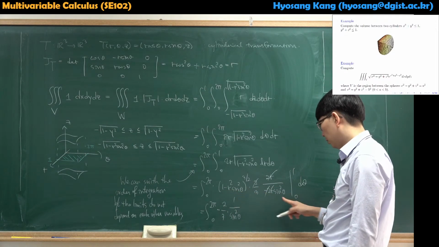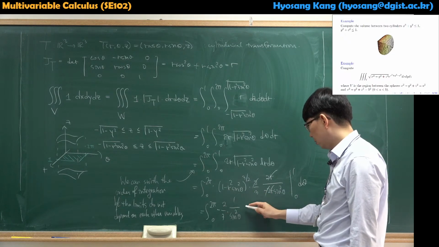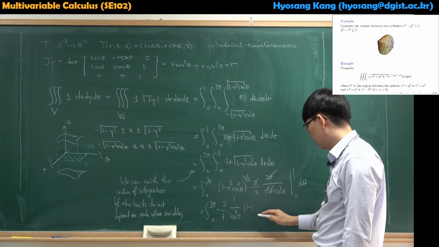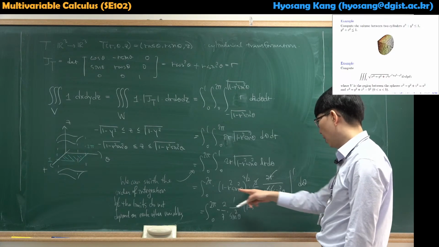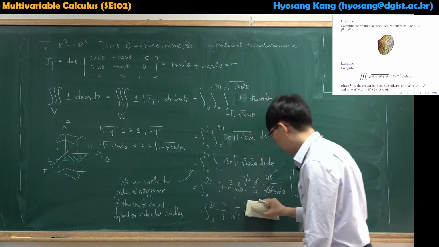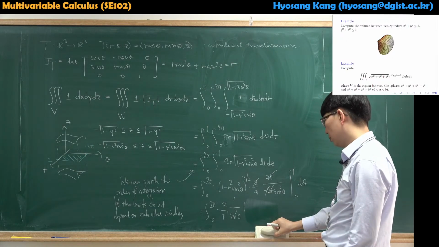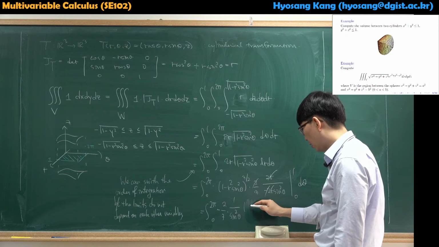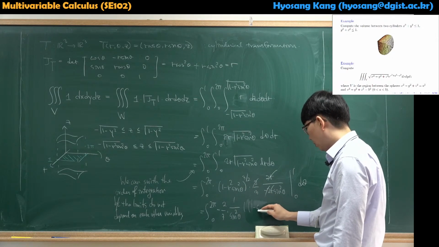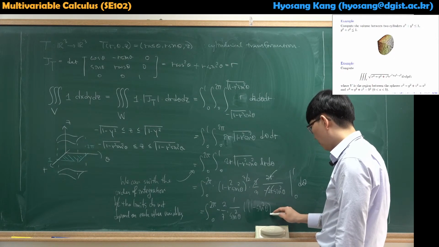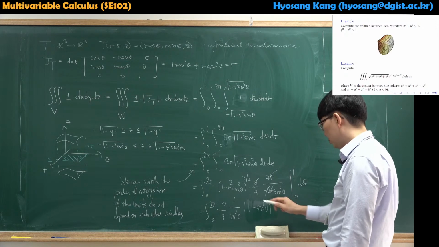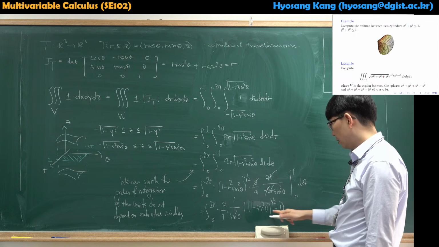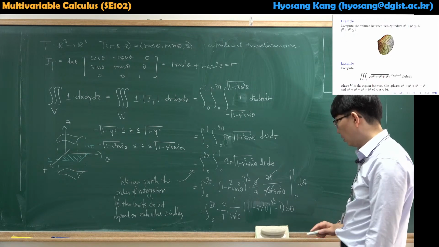When r is 0, I get 1 minus... sorry, so when r is 1, we get non-zero, right? No, I'm sorry. So r is 1, then I get 1 minus sine square to the 3 over 2. When r is 0, I get 1. So this is the result. So we have d zeta.